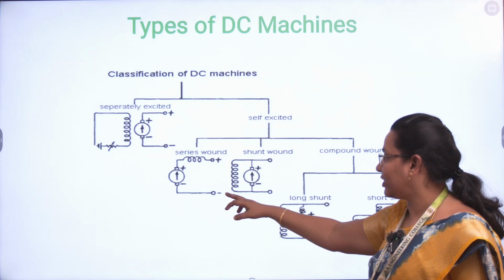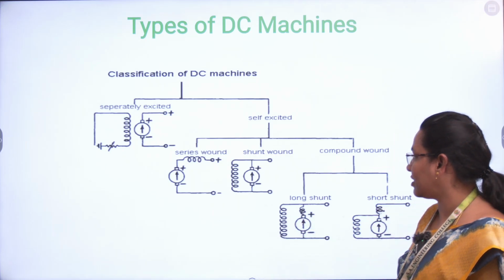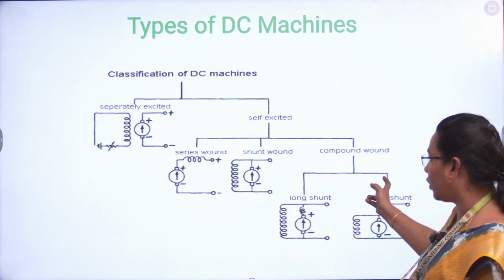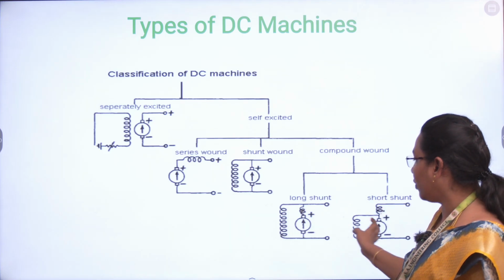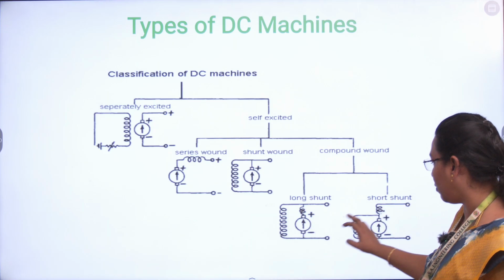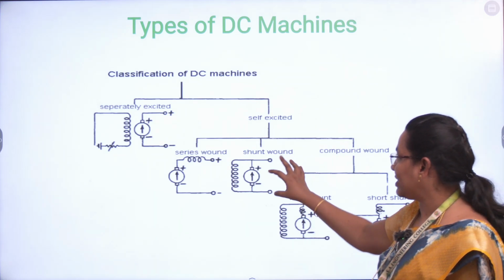Under self-excitation we have different categories: one is series wound, another is shunt wound, and compound wound. Under compound wound, based on the windings, we can again classify into long shunt compound as well as short shunt compound.